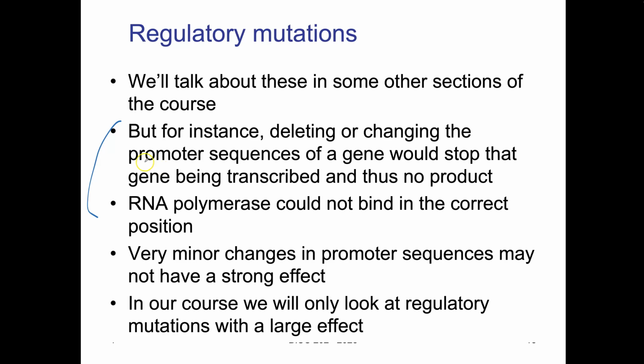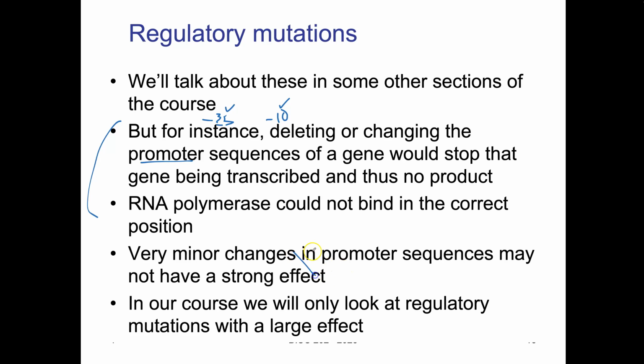If you hugely change the promoter sequence, remember the -10 sequence and the -35 sequence, the TATA box at -10 and the other sequence at -35, these are absolutely required for RNA polymerase binding. So if you make a huge change in one or the other of these, you're going to basically eliminate gene function. You can sometimes make minor changes in the promoter sequence that have mild reductions in transcription efficiency.